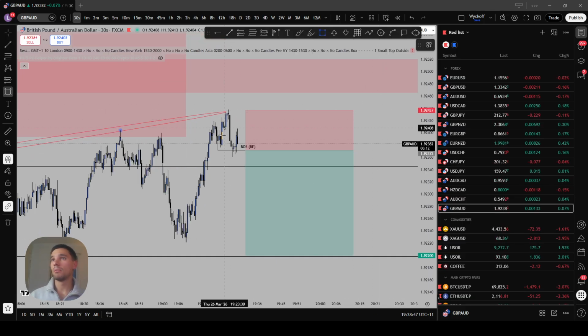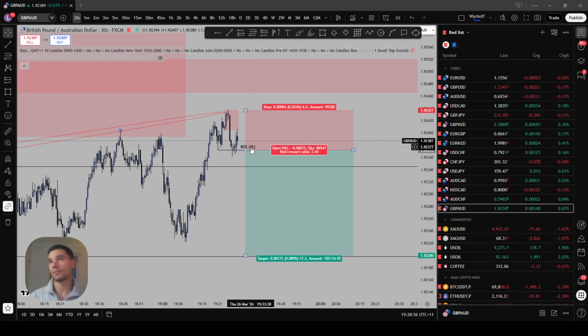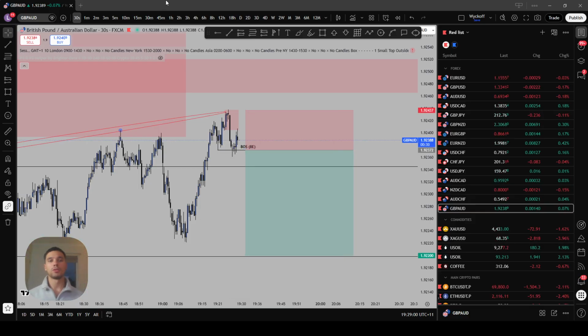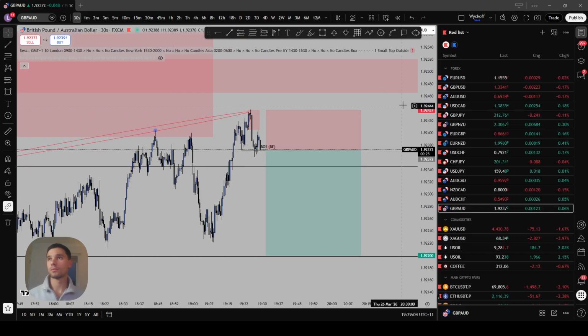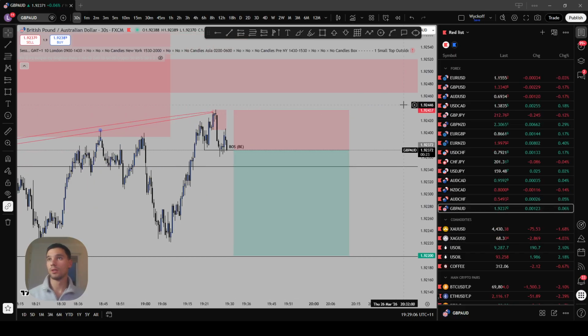We've technically mitigated this very small 30-second supply. So we will wait and see. Price really does not want to close.